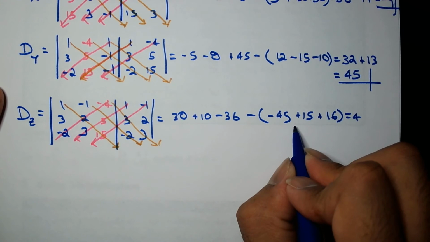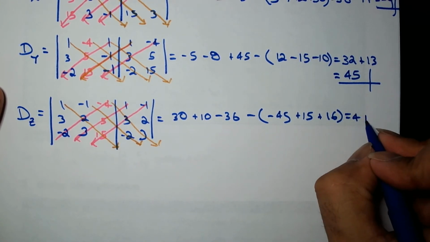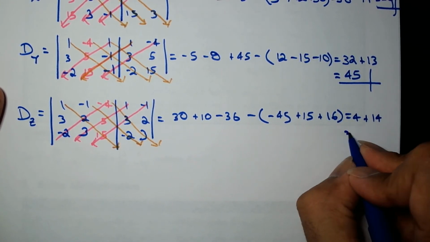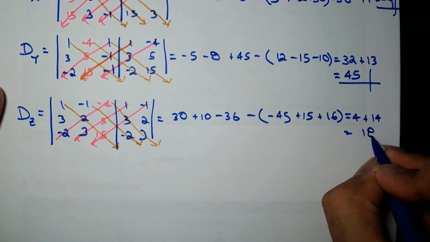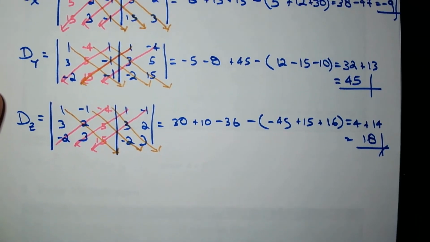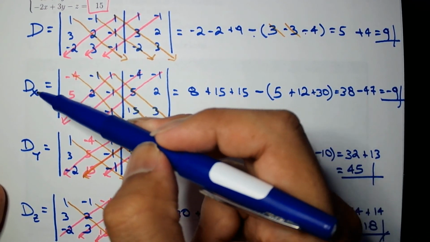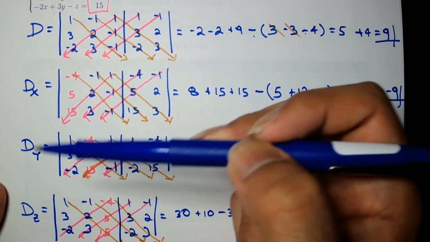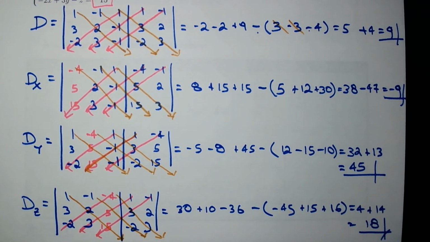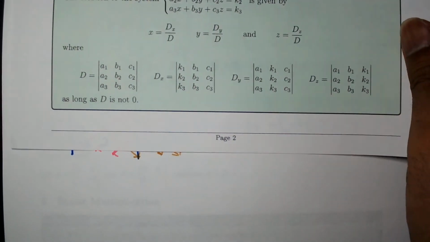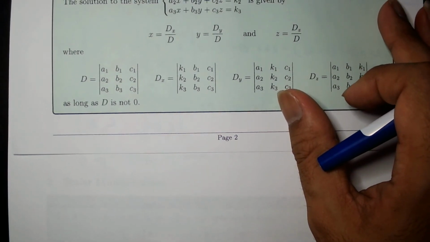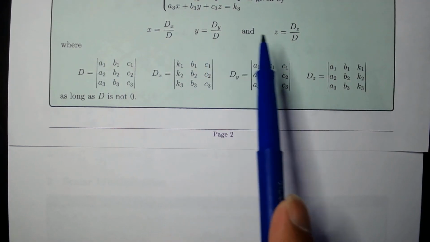Minus negative 14 is going to be plus 14, which equals positive 18. And now that we have the 4 magic numbers, that is D, d sub x, d sub y, d sub z, I'm going to go back and use these formulas here to find x, y, and z.